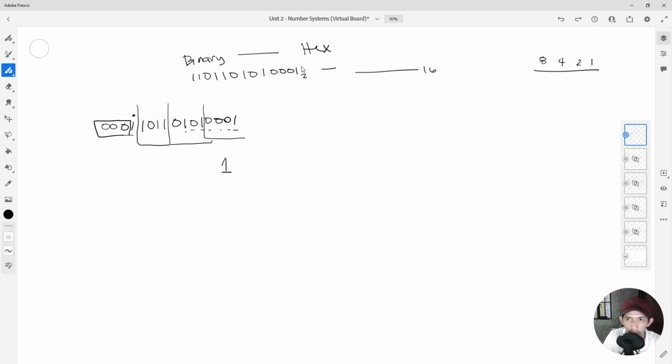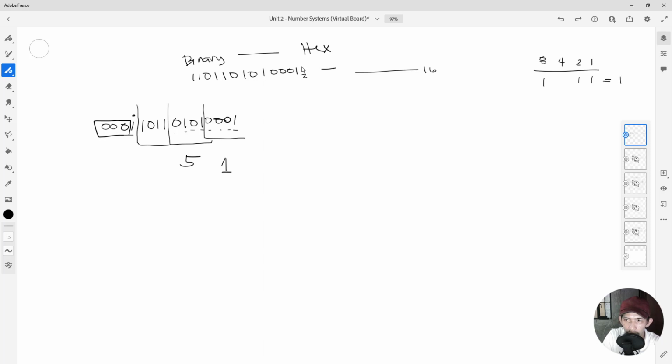So, that means 4 ang naka-on, tsaka yung 1. So, meaning to say, that is what? 5. So, we have, okay, ang naka-on naman ngayon is yung 8 plus 2 is 10, okay, and then 1 is 11. Okay, so we have 11.